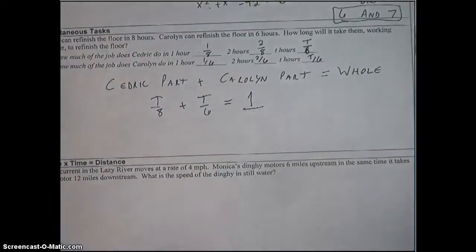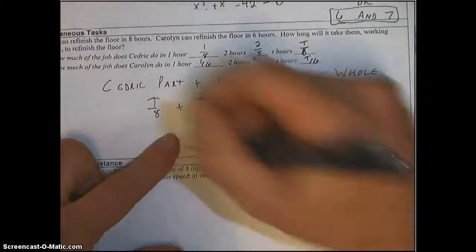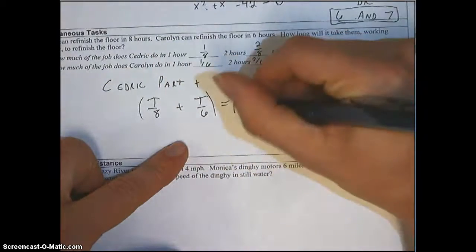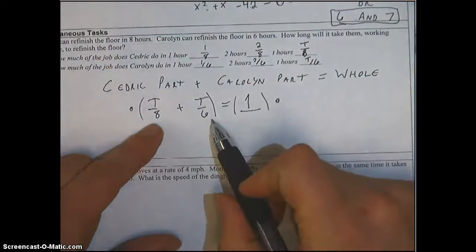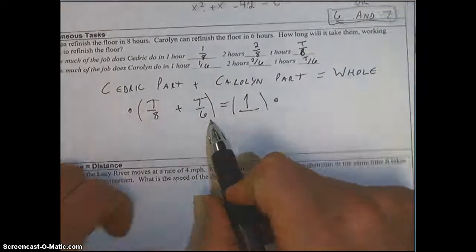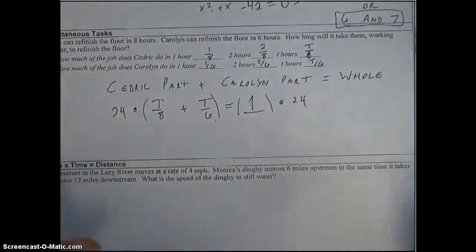So now I've got a rational equation that I just need to solve here. And what I'd like to do to solve these is just multiply the whole thing on both sides by the lowest common denominator. And of course, the lowest common denominator between 8 and 6 is 24. So whatever you do on one side, you got to do the other.